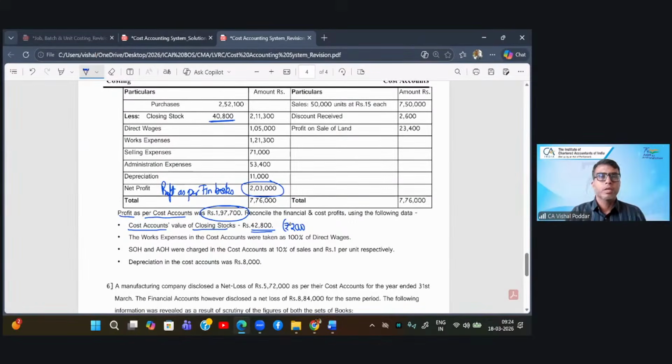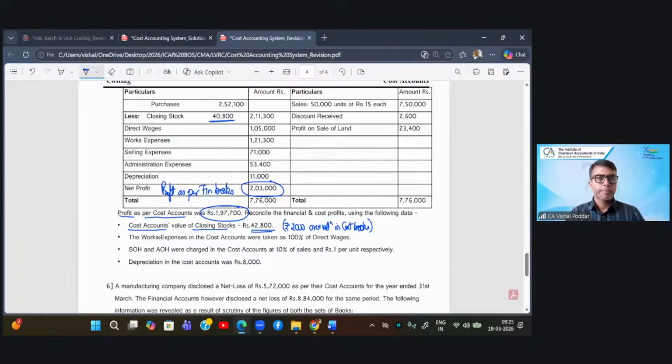Now this is the difference. What I will say, it is overvaluation. Where? In costing books. So this closing stock is overvalued by rupees 2,000 in costing books. Correct?